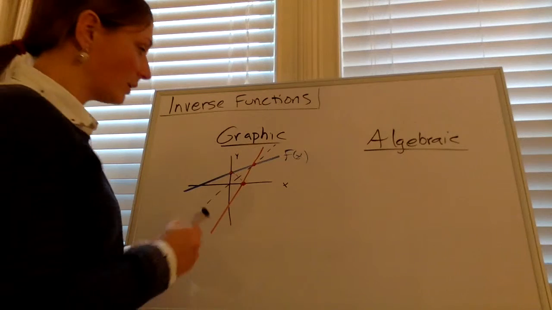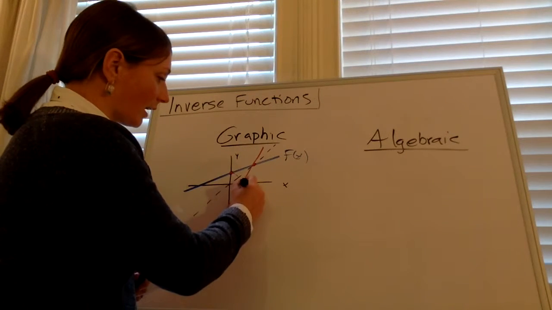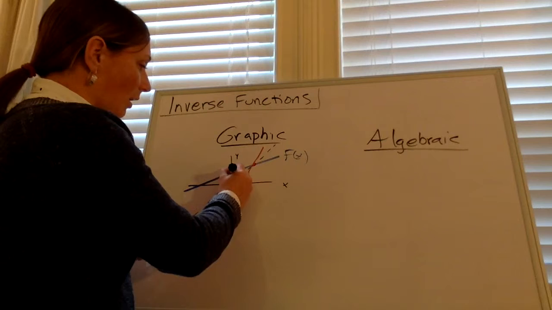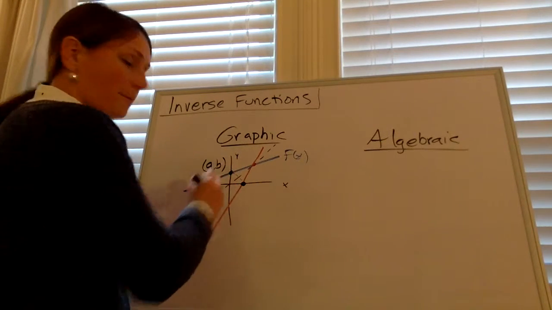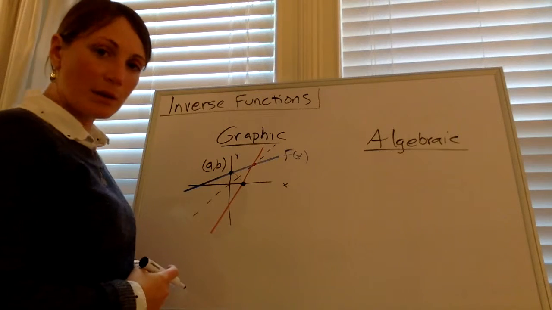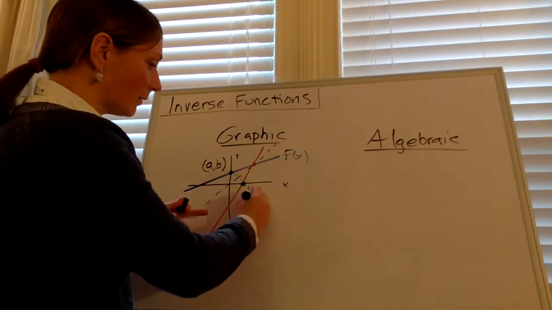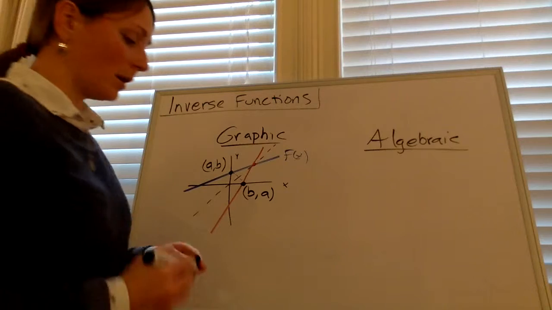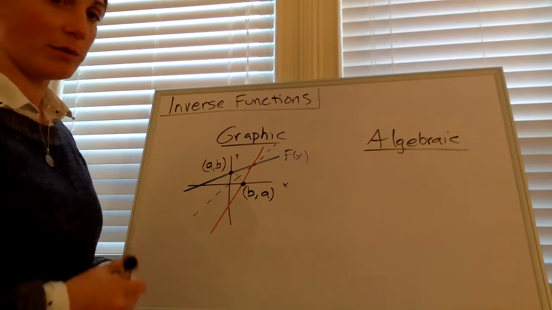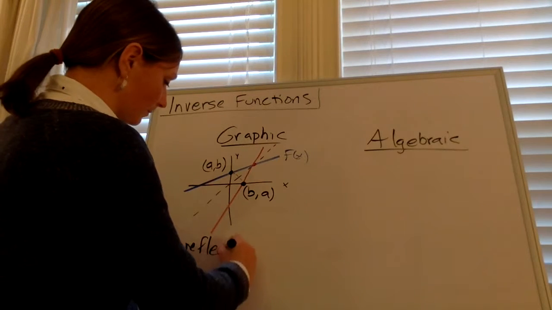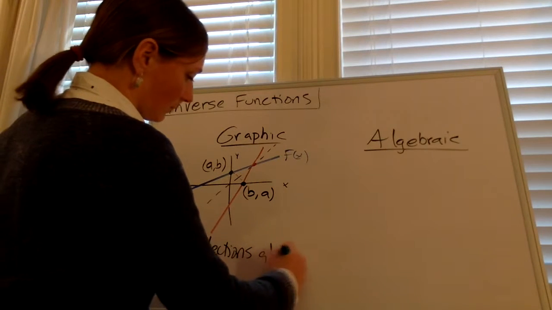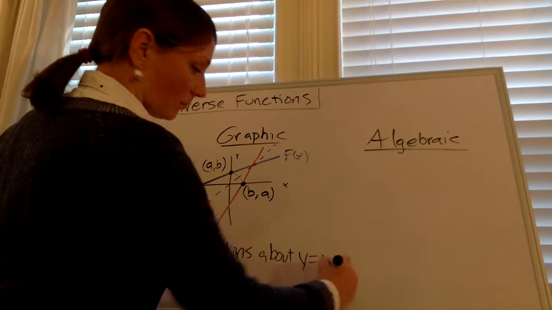And one of the consequences, which we've talked about before, is that on the graph of f, if you have the point (a, b), then on the inverse function, you're going to have the point (b, a). Okay? So there's a graphic definition of inverses. They are reflections across y equals x.